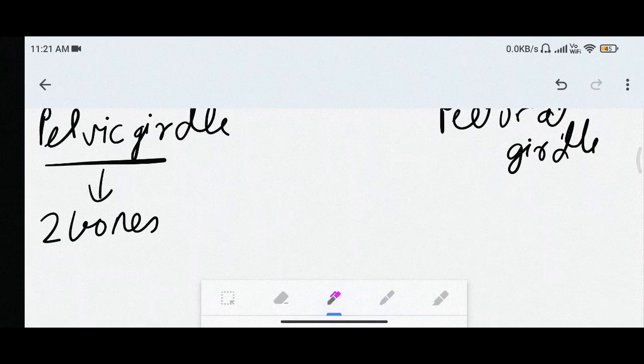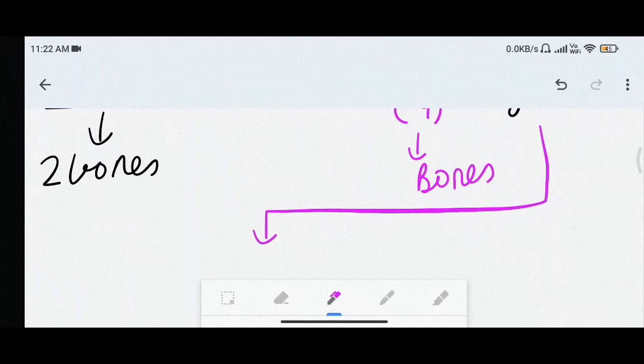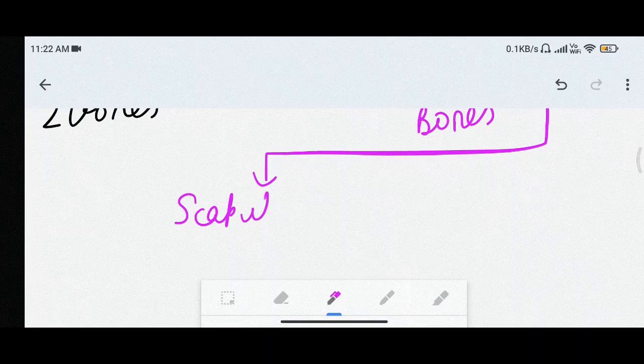And pectoral girdle is of 4 bones. Okay, so pectoral girdle is divided into two parts again, that is your scapula and another part is your clavicle.